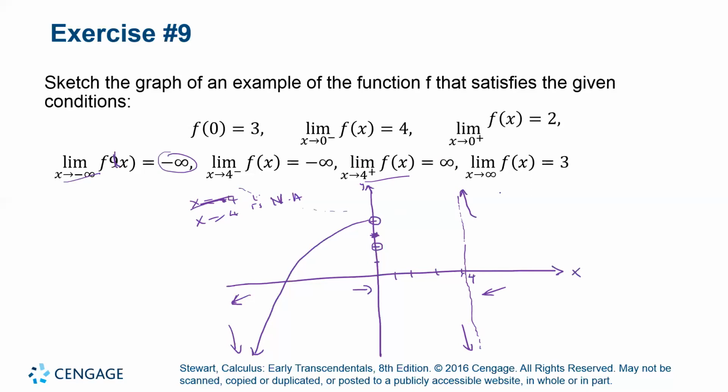Okay, and then it says that as x goes to positive infinity, it is increasing and goes to 3. So it means that the line y is equal to 3 is a horizontal asymptote. This is 3. That's a horizontal asymptote.